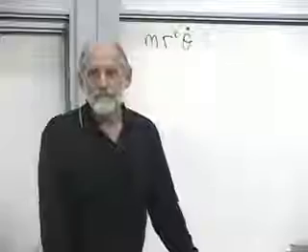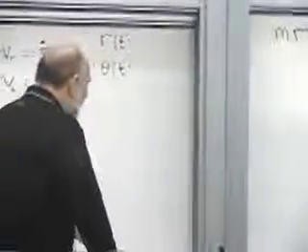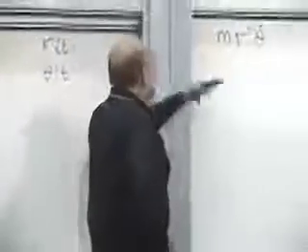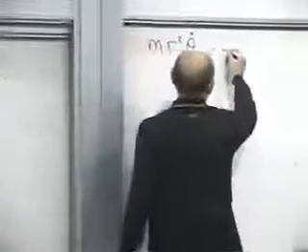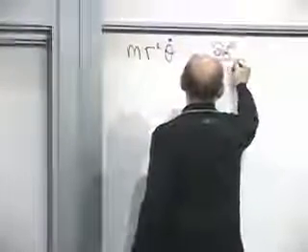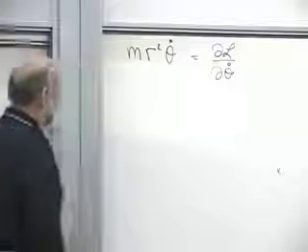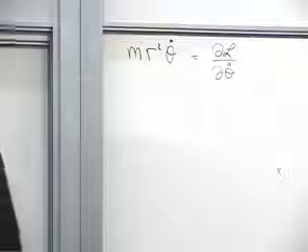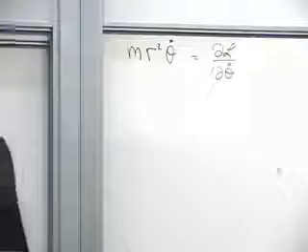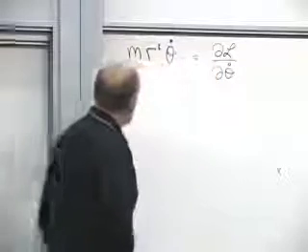Angular momentum. But we see now angular momentum arising out of the same pattern. Derivative of L with respect to q dot is the momentum conjugate to q. dL by dr dot, momentum conjugate to r. dL by d theta dot, momentum conjugate to theta.